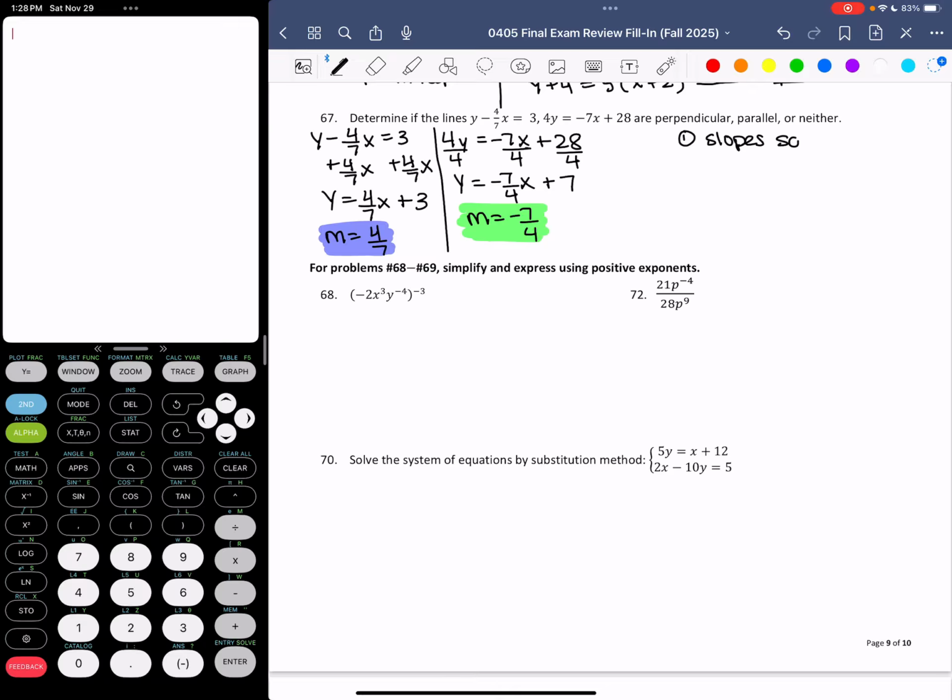Are the slopes the same? If yes, well, you need to check the y-intercepts. But, right, if the slopes are the same and the y-intercepts are different, then parallel. If no, go to number 2. Opposite signs.